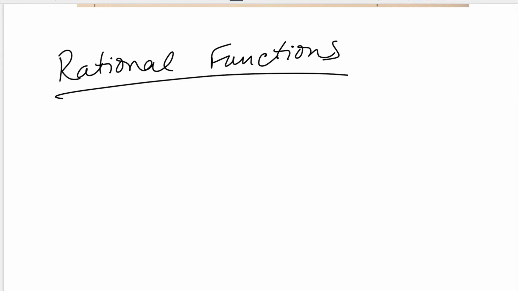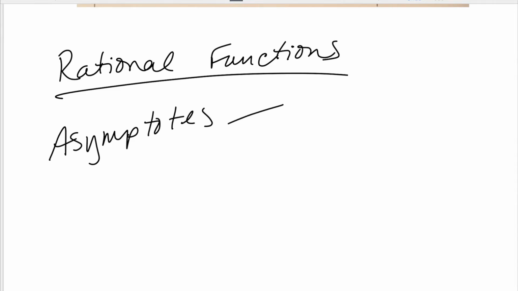Then, lastly, we're just going to briefly talk here about rational functions. Our rational functions, the kicker and the defining characteristic there are those asymptotes, right?